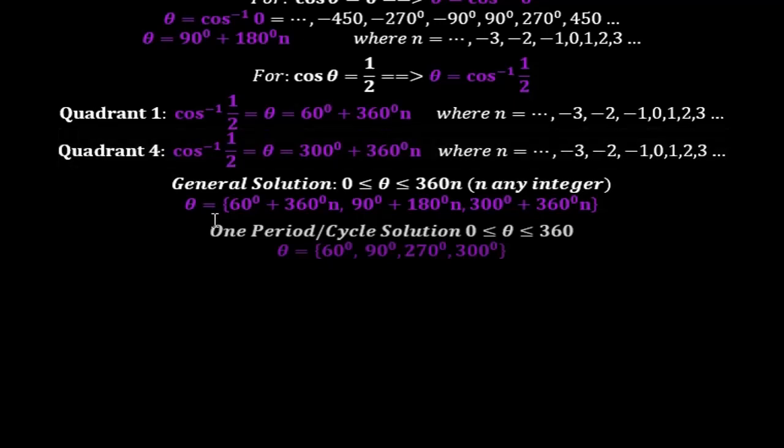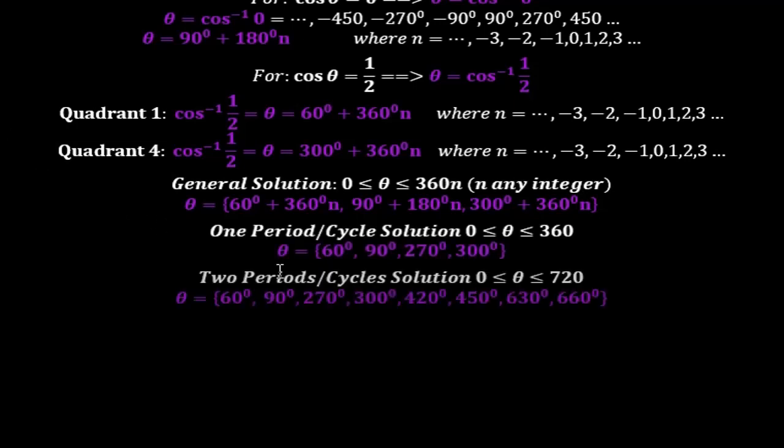So one period, one cycle solution is where theta is between 0 and 360, and that is 60 degrees, 90 degrees, 270 degrees and 300 degrees, and that is one complete cycle.